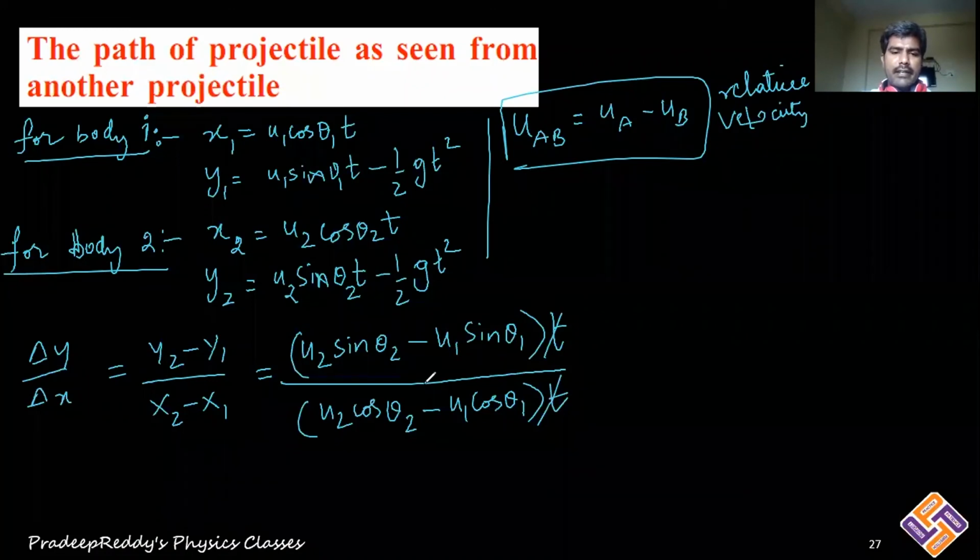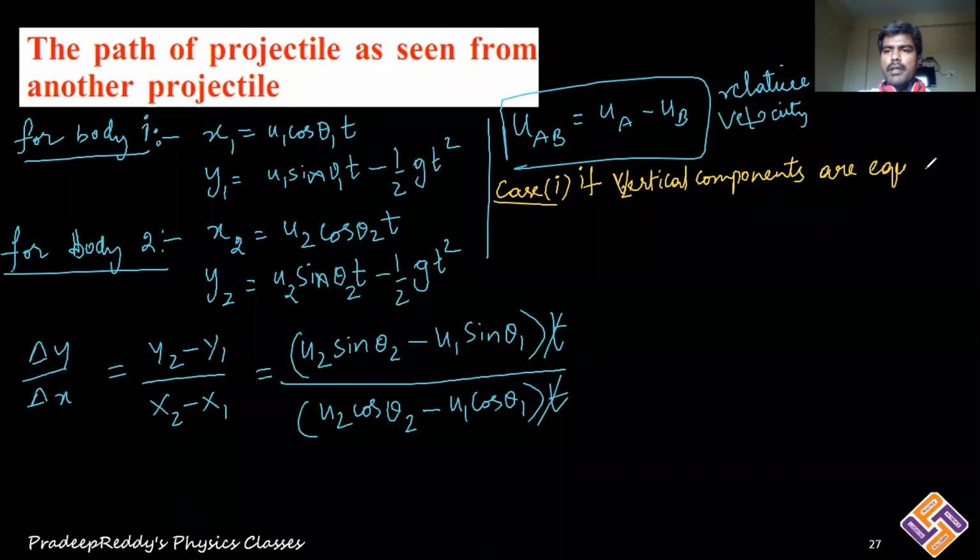So clearly, now let us discuss these cases. Case 1. If vertical components are equal, what does it mean? u2 sin theta 2 minus u1 sin theta 1 will be equal to 0.